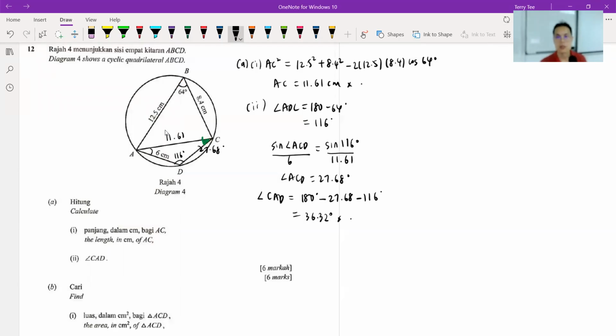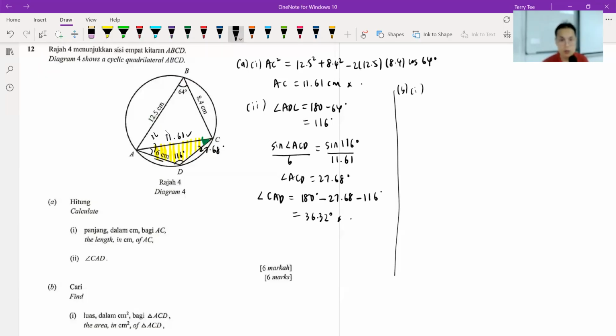Yeah, this angle is 36.32. Okay, done. Next, we are supposed to find the area of triangle ACD. To find the area of a triangle, very simple. Now, we need to use half ab sine C. Well, we know the length of these two sides: we know 6, we know 11.61, and we know this angle is 36.32.